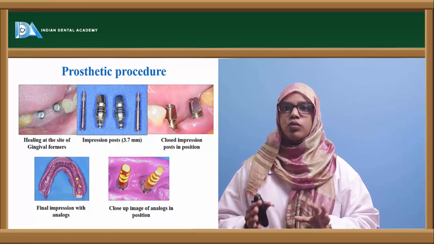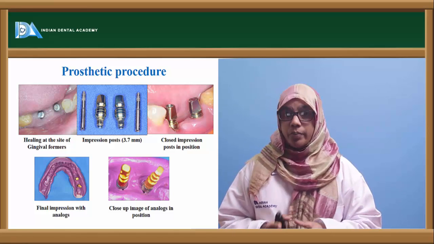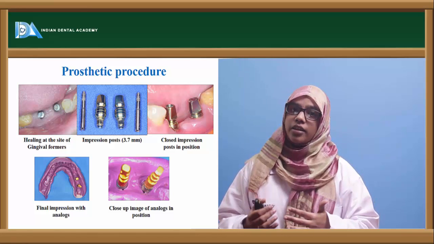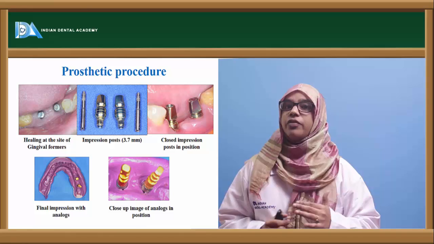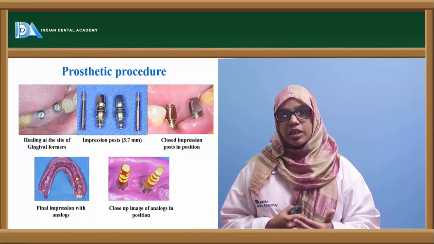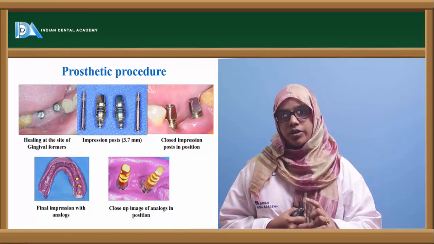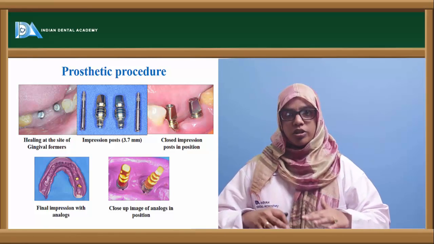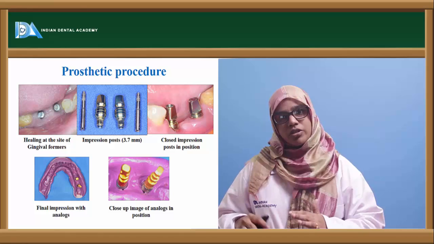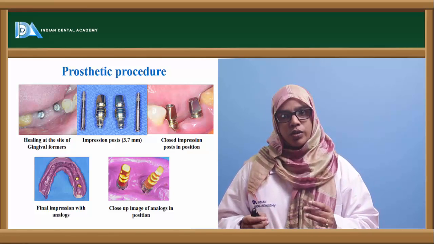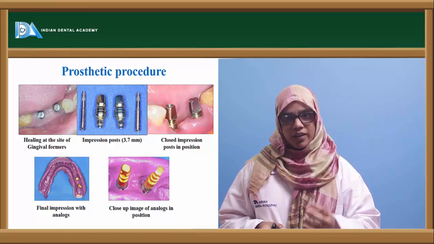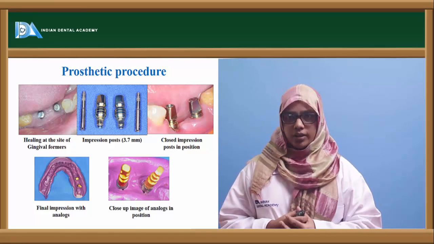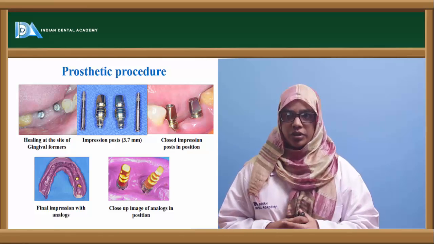But the open tray technique is used when you have put implants in different directions. In this case, your impression analogs are longer. You have to create a hole in the tray so that the impression analog projects out. Once it projects out, you will remove those impression analogs, retrieve your impression, and then place the impression analogs back again. That is the open tray technique.